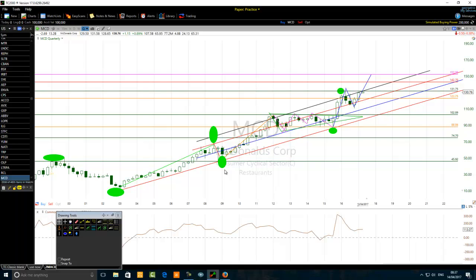So if the S&P is becoming more bearish, that will have a negative effect on the McDonald's stock. Though we are expecting the fifth wave to be extended, if the market, which is the S&P 500, becomes bearish, which means the price drops below that triangle for the S&P 500, that will have a negative effect on McDonald's. So we need to be careful.